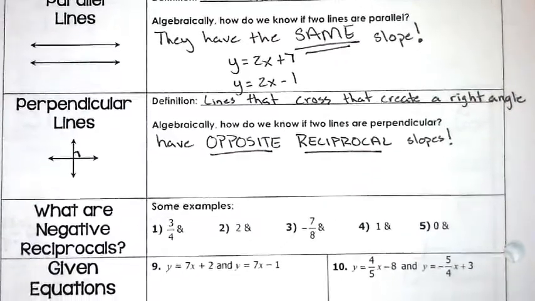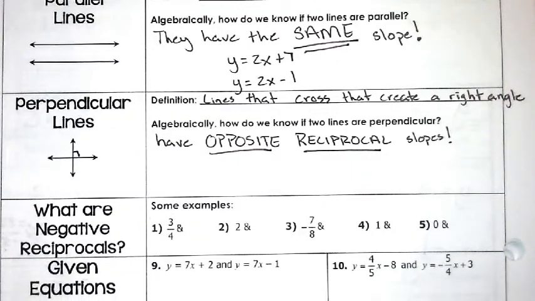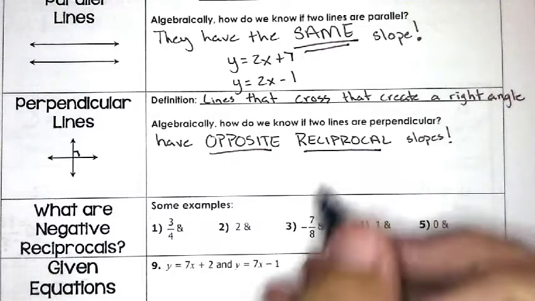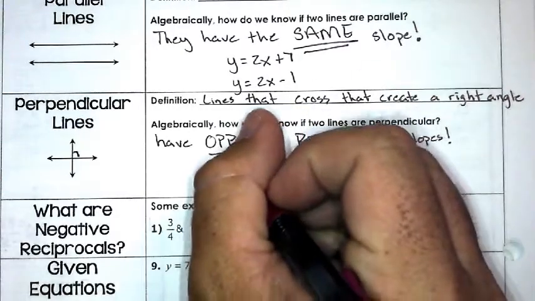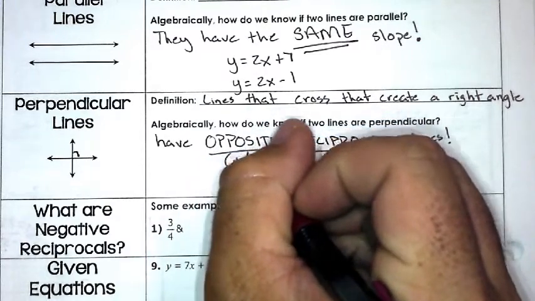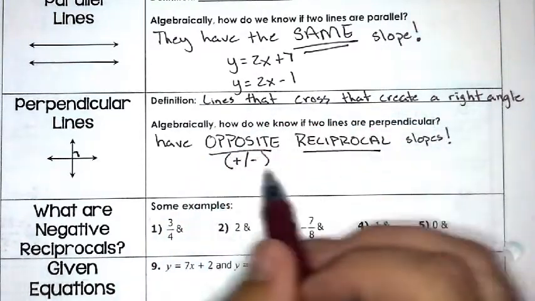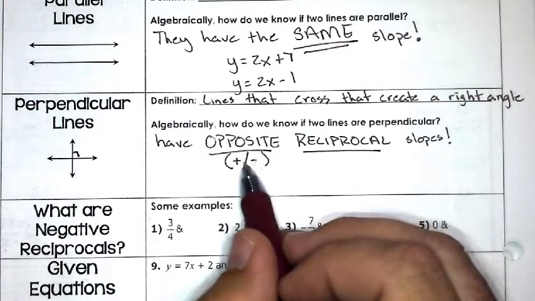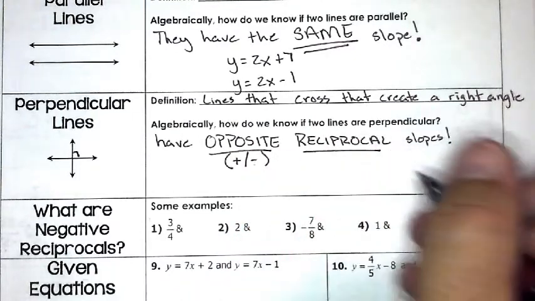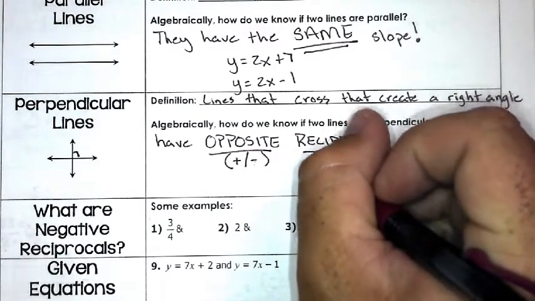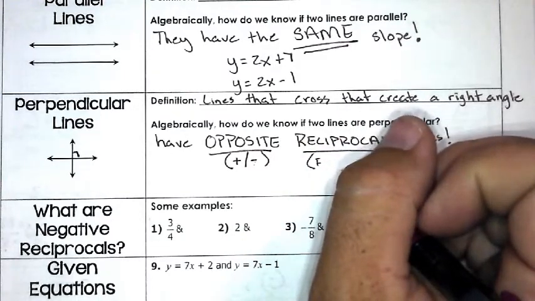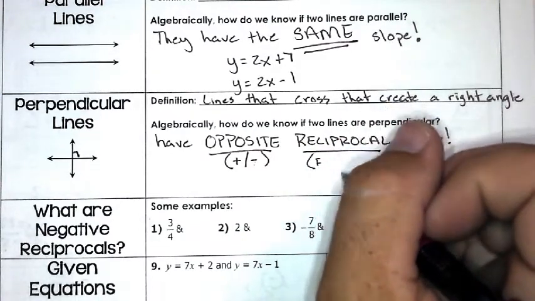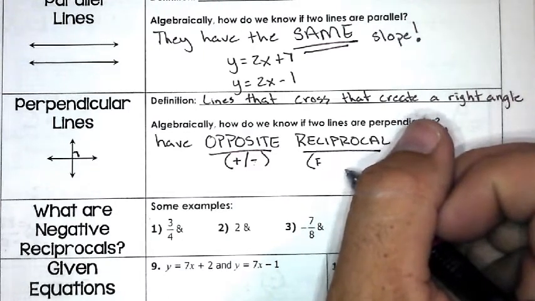So this is not the first time we've heard the word reciprocal. In this aspect, opposite, we are talking about positive and negative numbers, not plus or minus, positive or negative numbers. Now, reciprocal is a part of keep, change, flip.